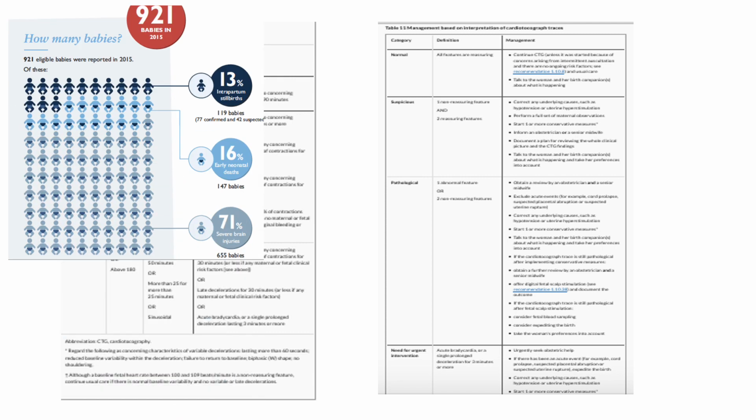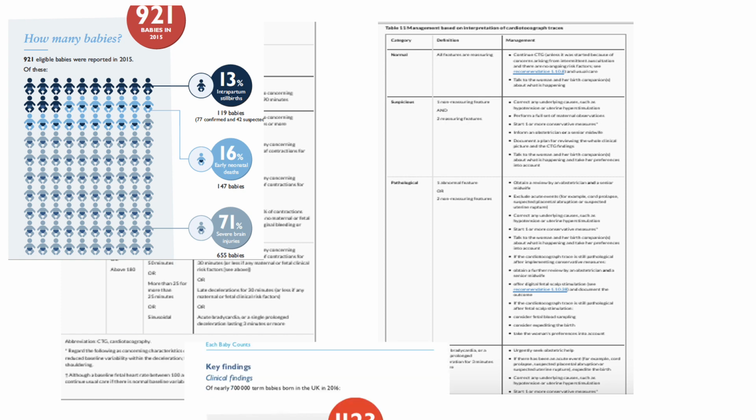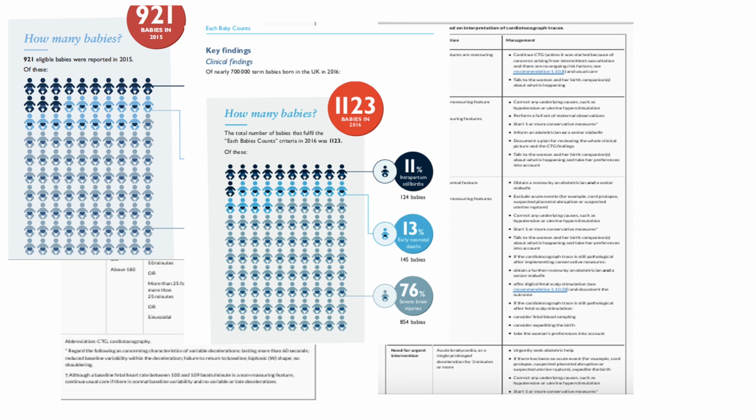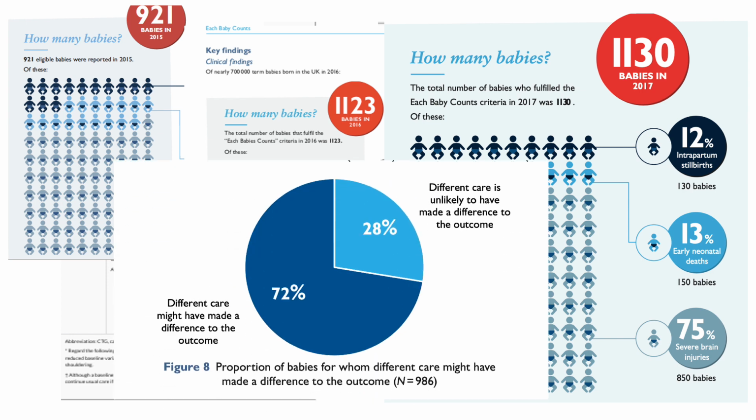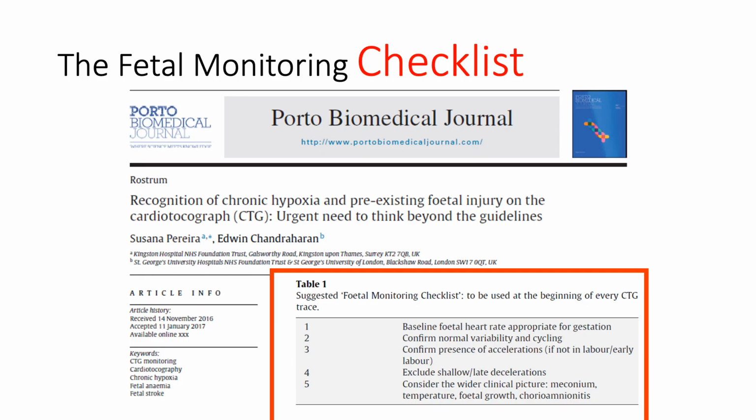This was the report in 2015 where 921 babies died or got severely brain damaged during 1 year in labor. In 2018 it increased to 1,123 babies, and in 2019 it has further increased to 1,130 babies, and sadly 72% of these cases are potentially avoidable.